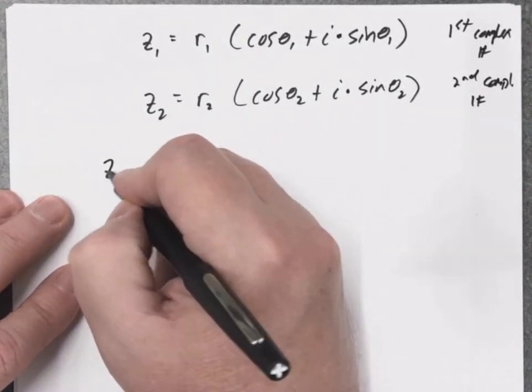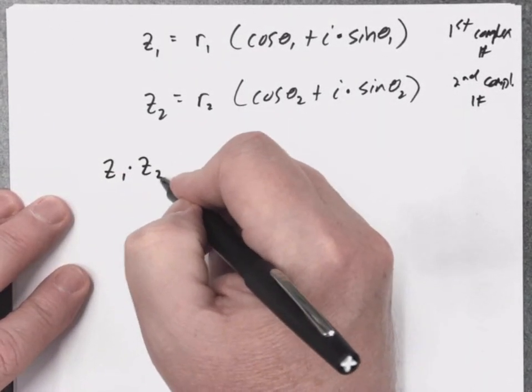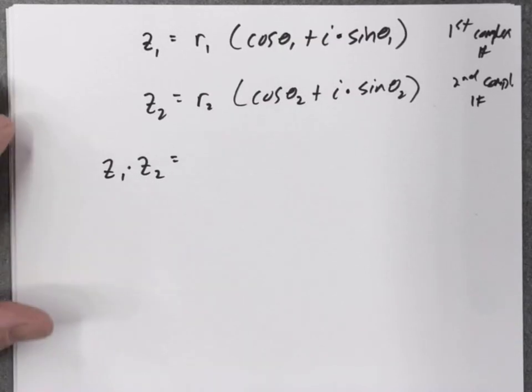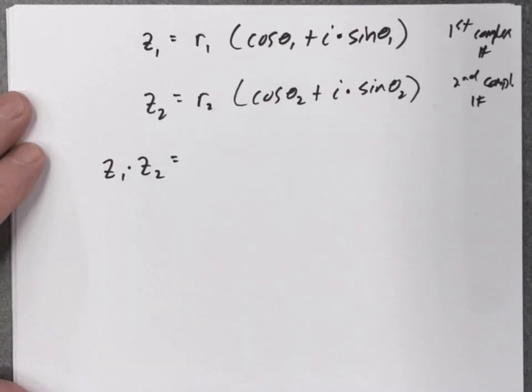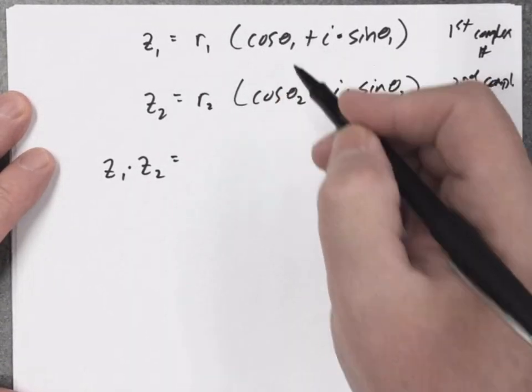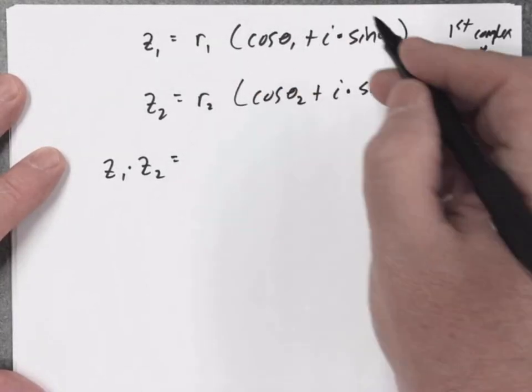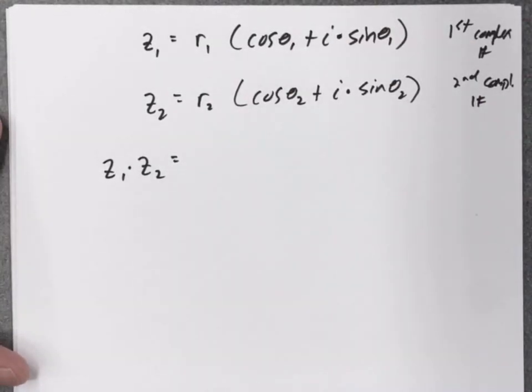What they're going to do is, there are times where they want to multiply two complex numbers. Now you could go ahead and multiply the two complex numbers in rectangular form, and sometimes it's not too bad, but sometimes trying to do that in rectangular form starts to get very messy. So here is going to be a little formula. I'm not going to show you how this is done, but I'm just going to give you the formula.